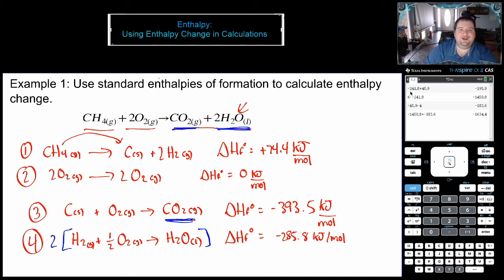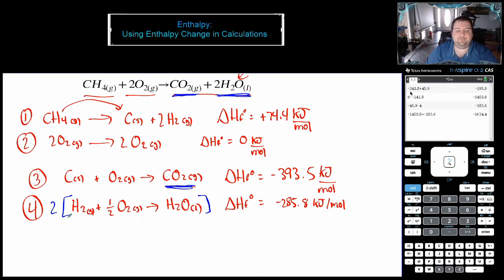And so here's where, again, you're gonna have to remember these little steps. I'm gonna have to multiply this by 2. So let's create our step 5 here, which is 2 H2s plus 2 times 1/2, which is just 1. So now we just have O2 gas goes into 2 H2Os as a liquid.